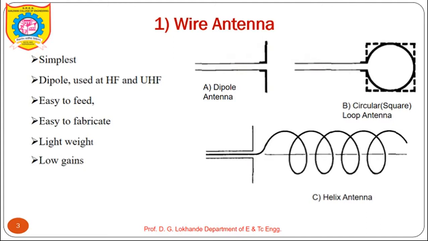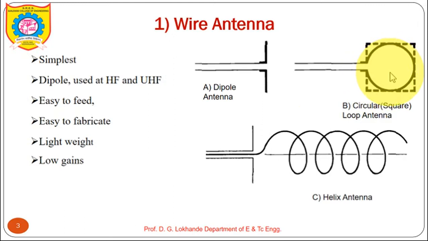The second type of wired antenna is the closed loop form, where the shape is either circular or square. So either you can go for the circular antenna or you can go for the square antenna. These are the arrangements of the wired antenna.